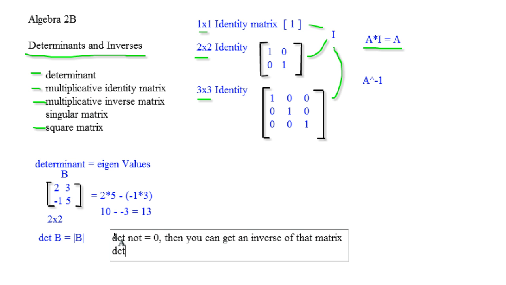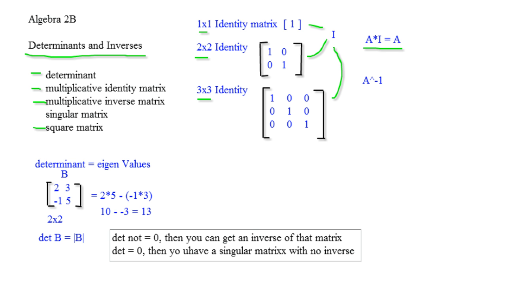And if the determinant does equal 0, then you have a singular matrix with no inverse. So it's that simple, ladies and gentlemen. You can use the determinant to determine quite a few things in the beginning.